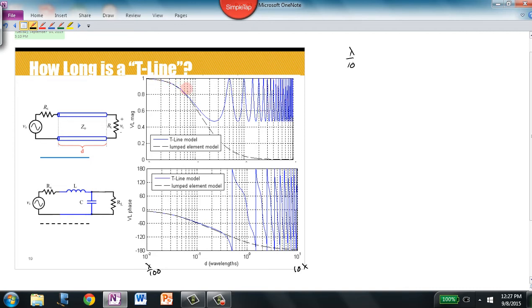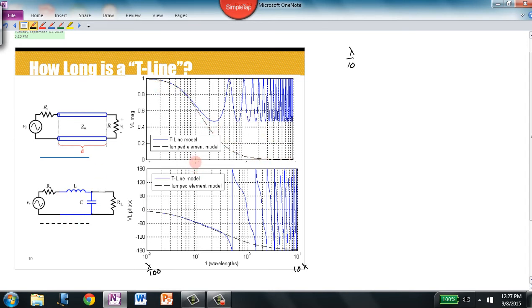And that same behavior is not predicted by the lumped element model. So the correct value of the voltage magnitude at the load is given by this blue line. The incorrect value, as predicted by lumped element analysis, is given by this dashed line.